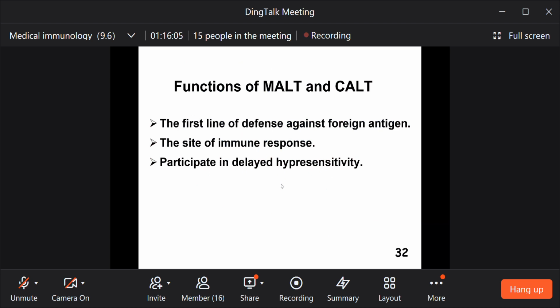So we can understand the function of the MALT: the first line of defense against foreign antigens, the site of immune response, and it participates in delayed hypersensitivity.